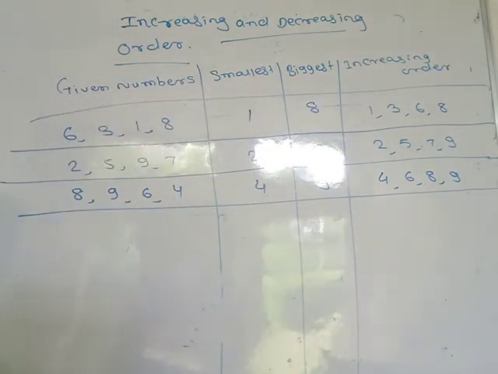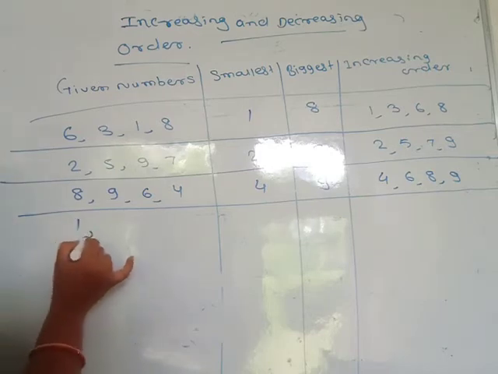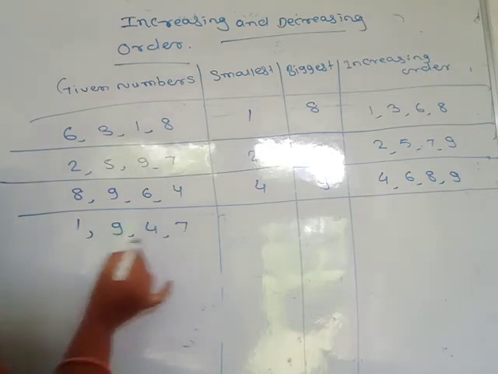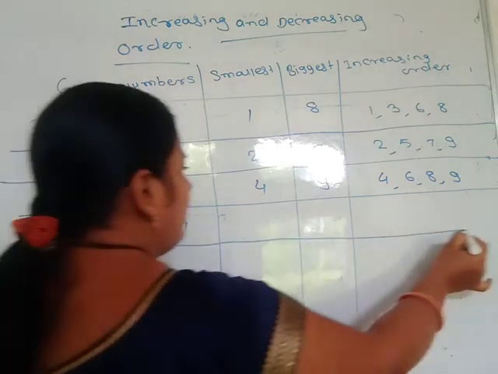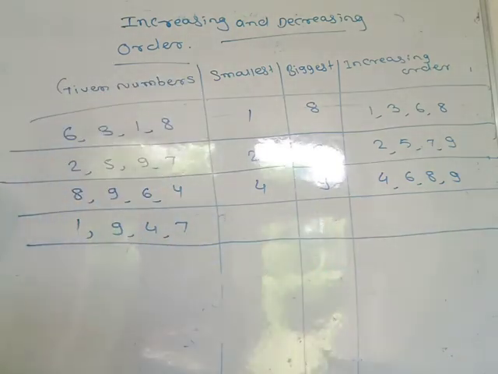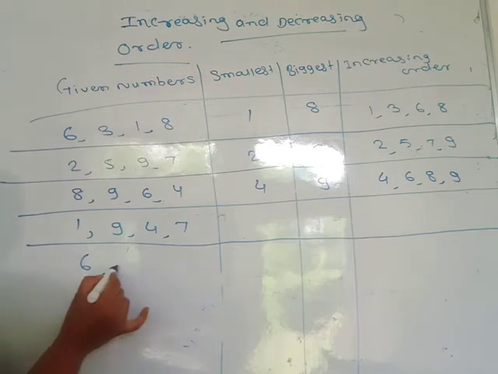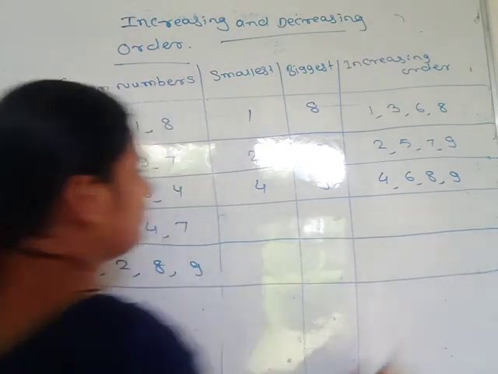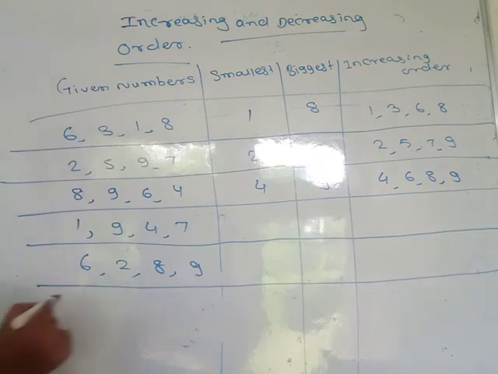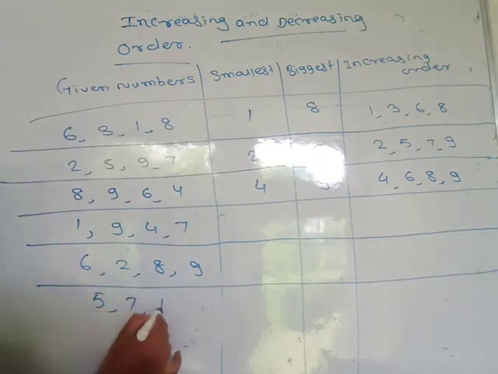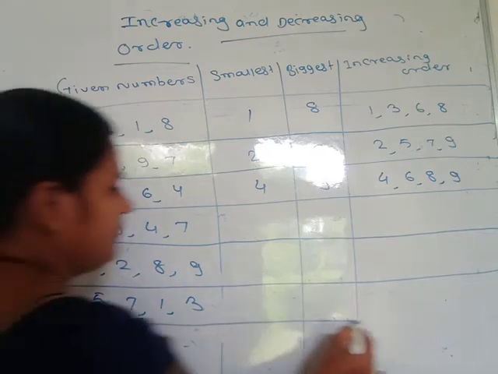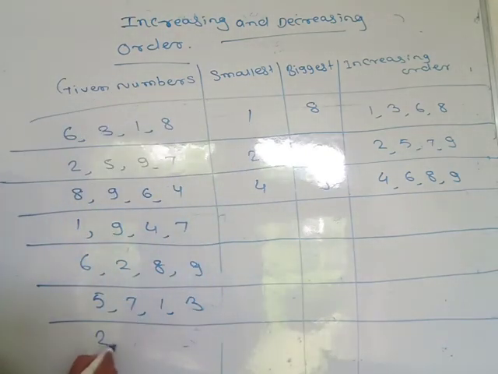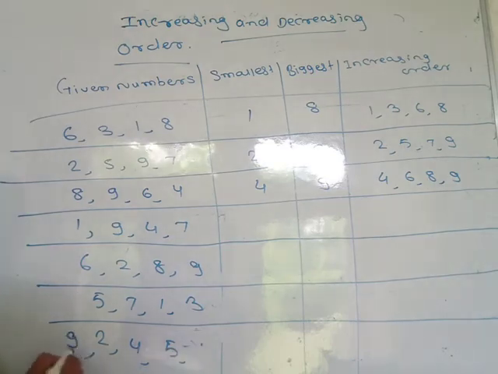Then next one: 1, 9, 4, 7. In homework you complete this. Write the smallest number, biggest number and increasing order. Then 6, 2, 8, 9. 5, 7, 1 and 3. 2, 4, 5, 9.